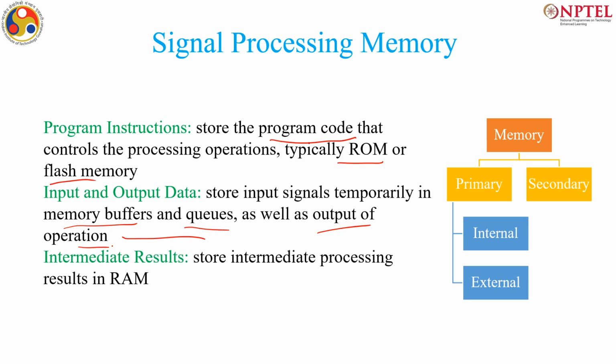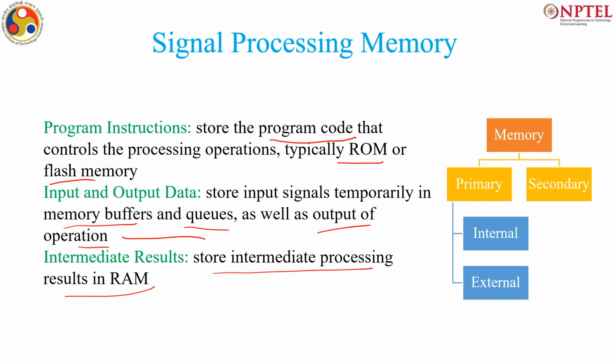These are saved in temporary memory, and this temporary memory is often in the form of RAM. You can also store them in some other kind of memory, which is not totally non-volatile, but that is entirely optional. And then immediate results, to store processing of immediate results, like say 2 plus 3 plus 7 plus 17.